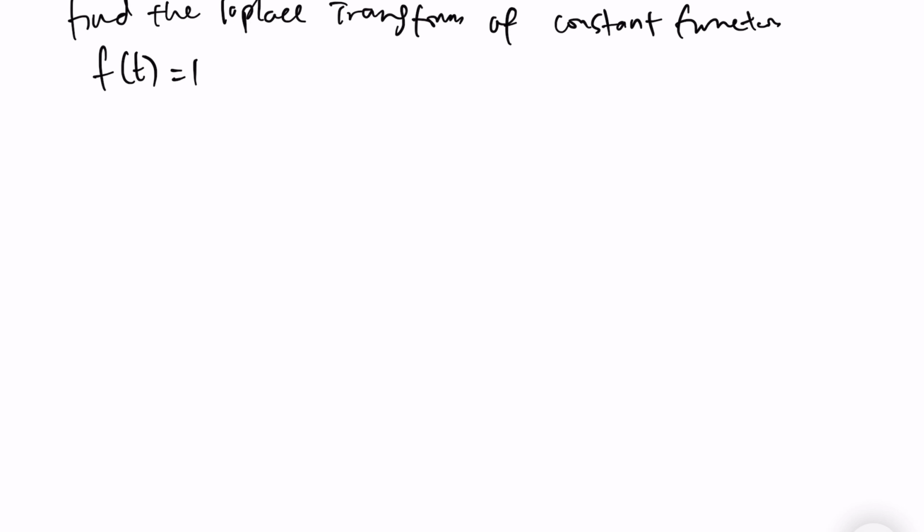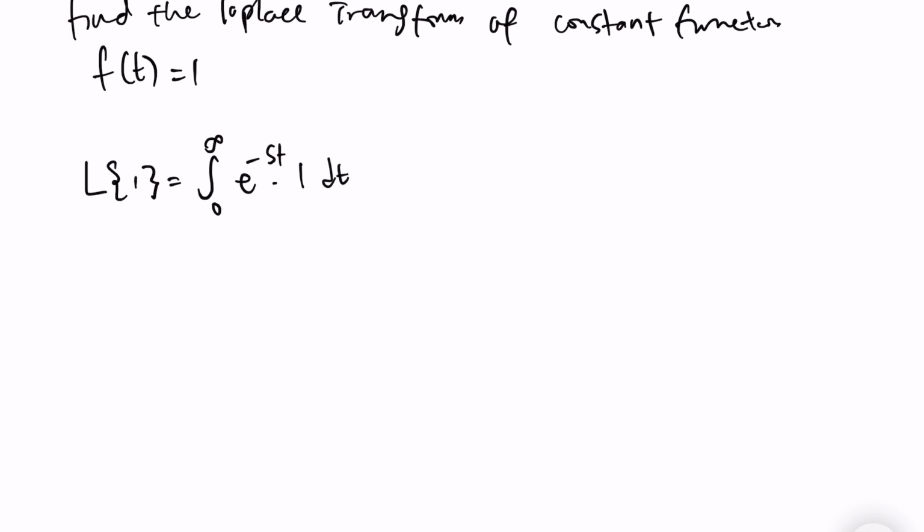We can use the definition of the Laplace transform. The Laplace transform of 1 is equal to, now you remember what you need to do first, integration from 0 to infinity, and then multiply by e to the power of negative st, multiplied by 1, which is f(t), dt.